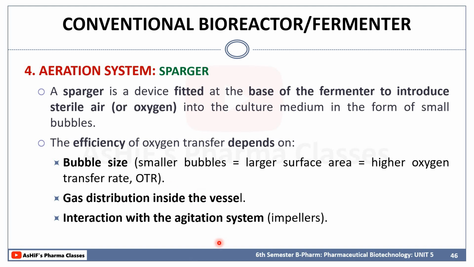And the third is interaction with the agitation system. If we have properly installed the impeller inside the fermenter, it can increase the efficiency of oxygen transfer. So these are the three factors which oxygen transfer depends on. So this is the sparger, a device fitted at the base of the fermenter to introduce sterile air.